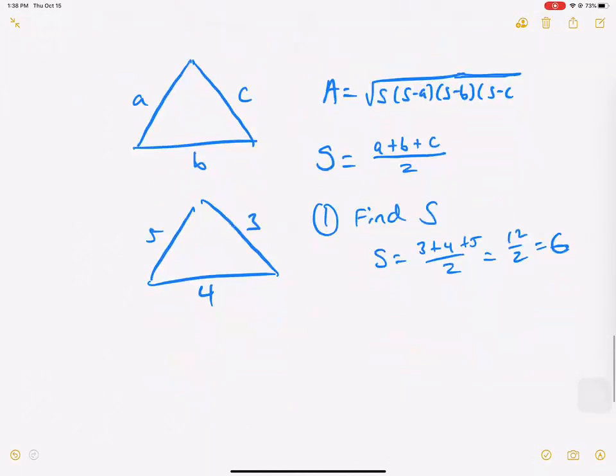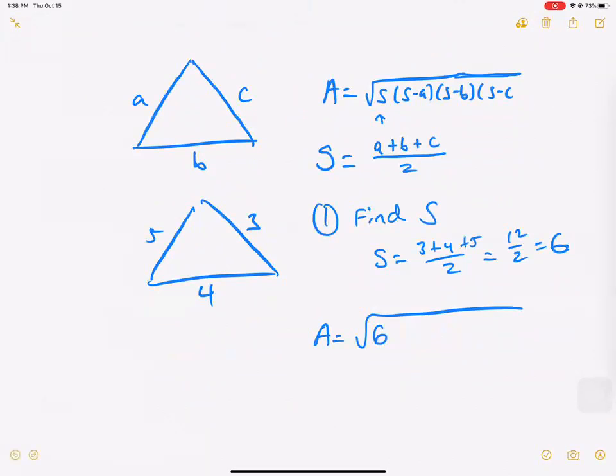Now, the next hard part, and I'm overemphasizing hard, the hard part is really the calculator part, is we just have to make sure we write S enough times. So the first step is write S is 6, right? That's our first S. And then we're going to say S minus A. Then S, oops, sorry. That's right, 6.